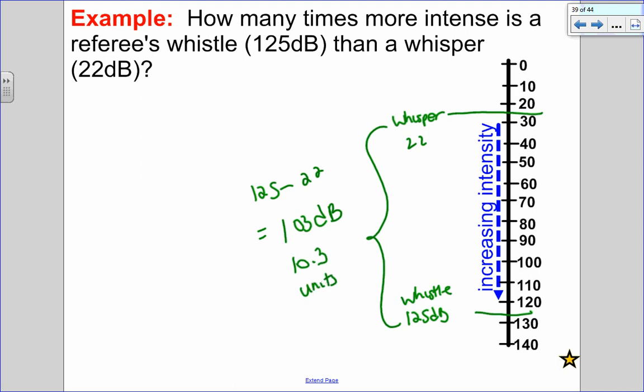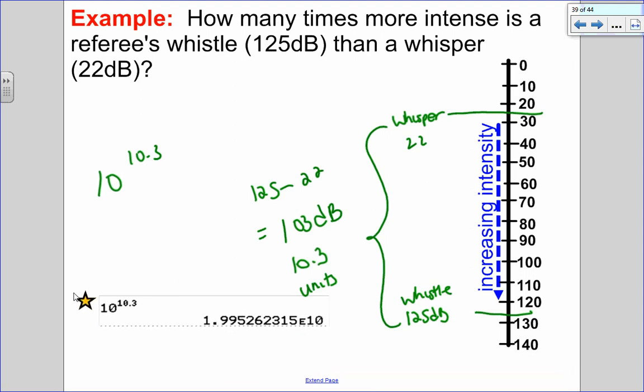So the intensity difference between those will be 10.3 factors of 10, or 10 to the 10.3 times difference of intensity. That means that the whistle is 10 to the exponent of 10.3 times more intense than the whisper. That's going to be a really big number.